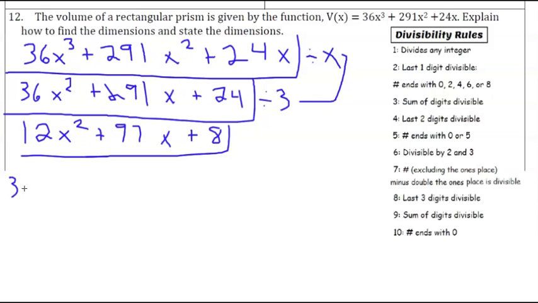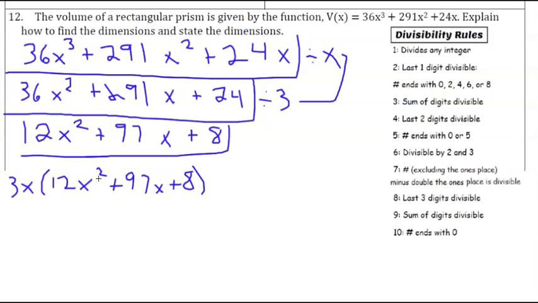So we can rewrite this as 3x times 12x squared plus 97x plus 8. So we found one dimension so far, the 3x. That's one of the dimensions of the volume of this rectangular prism.